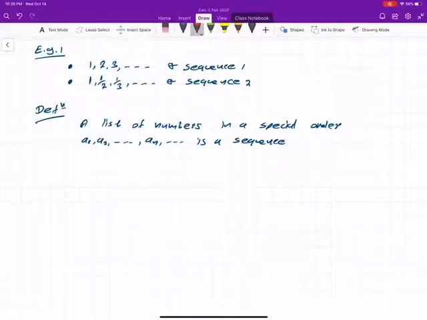They should be in a special order. There should be a pattern between the numbers. That's called a sequence.